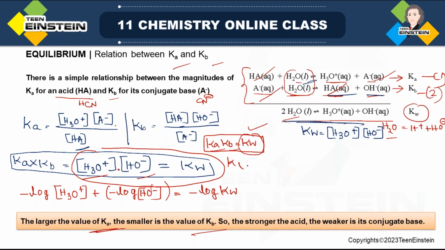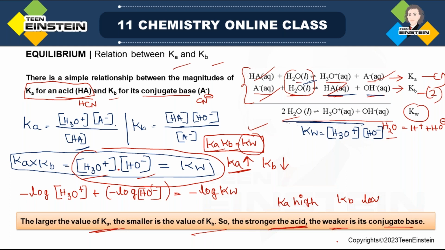So when you increase the value of Ka, the Kb value will obviously decrease. Ka is the dissociation constant of the acid HA, and Kb is the dissociation constant for its conjugate base. Stronger acid means Ka is high, and weaker will be its conjugate base. When Ka is high, Kb is low, so its conjugate base will be weaker.